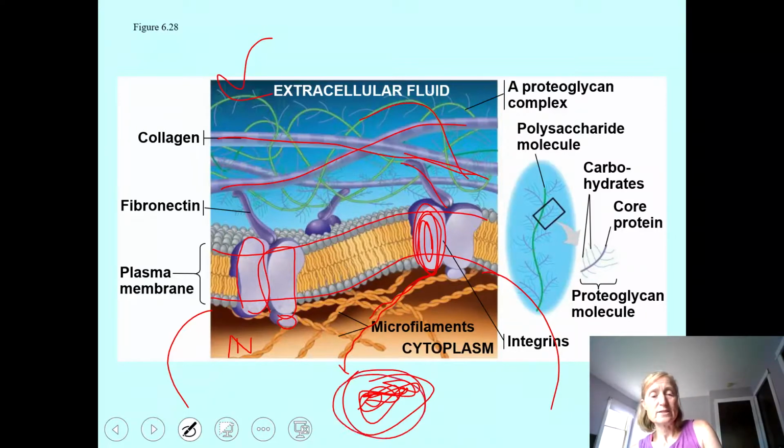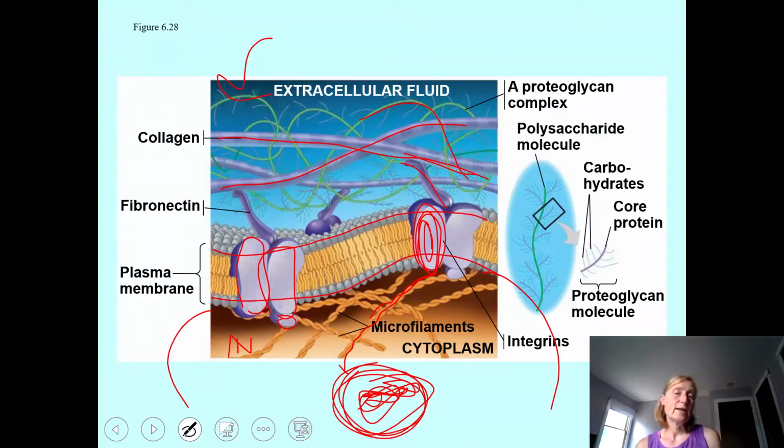And that information might tell the nucleus, hey, it's time to grow now, it's time to divide now, or hey, we need to change shape, or we need to communicate with a different cell in a different way, so we need to make some hormone now, those kinds of things.